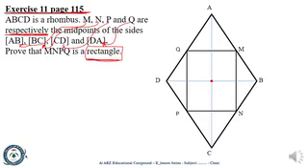Okay, so we need to prove that MNPQ is a rectangle, and if you remember, to prove that a quadrilateral is a rectangle, we first need to prove that it is a parallelogram plus something. Of course, you can prove a rectangle by finding 3 right angles, but it's the hardest way to go about it, right guys? Because it's always hard to find the measure of angles, since in these exercises you don't have all the measurements.